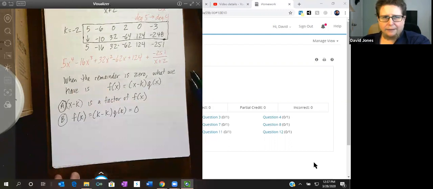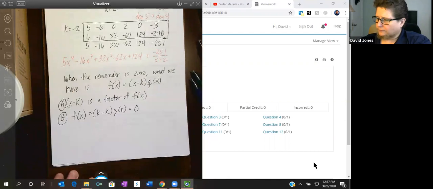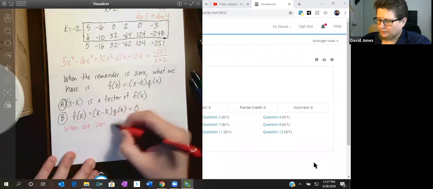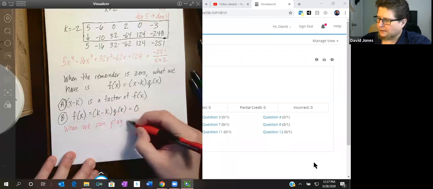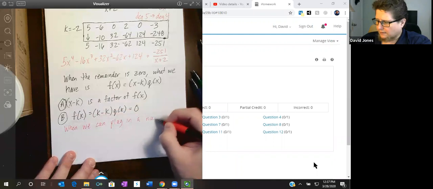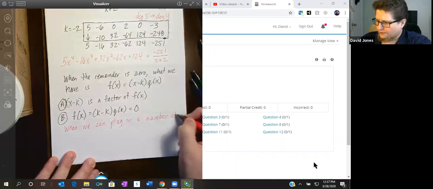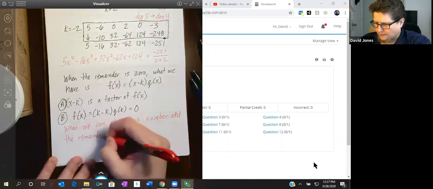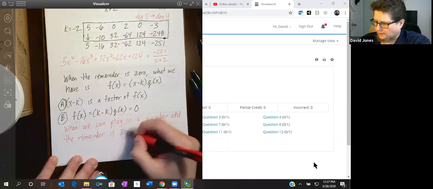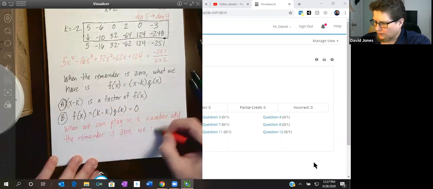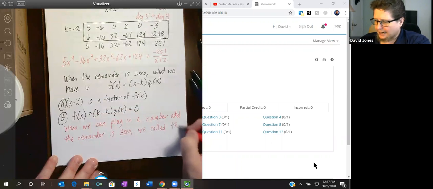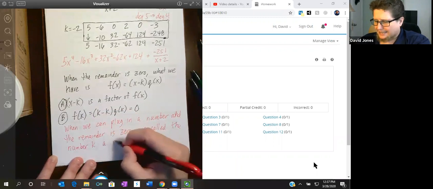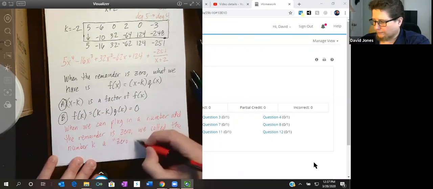When we can plug in a number, and the remainder is 0, we call the number k a 0 of the polynomial.